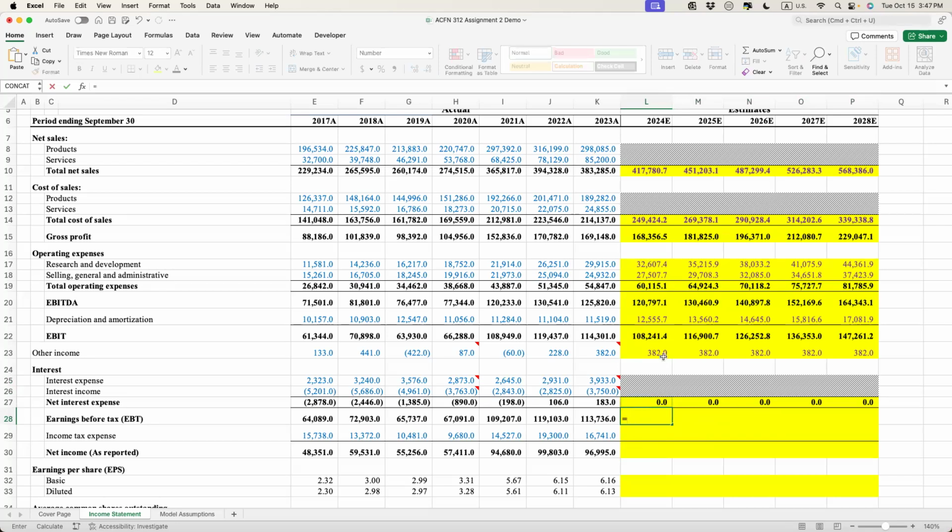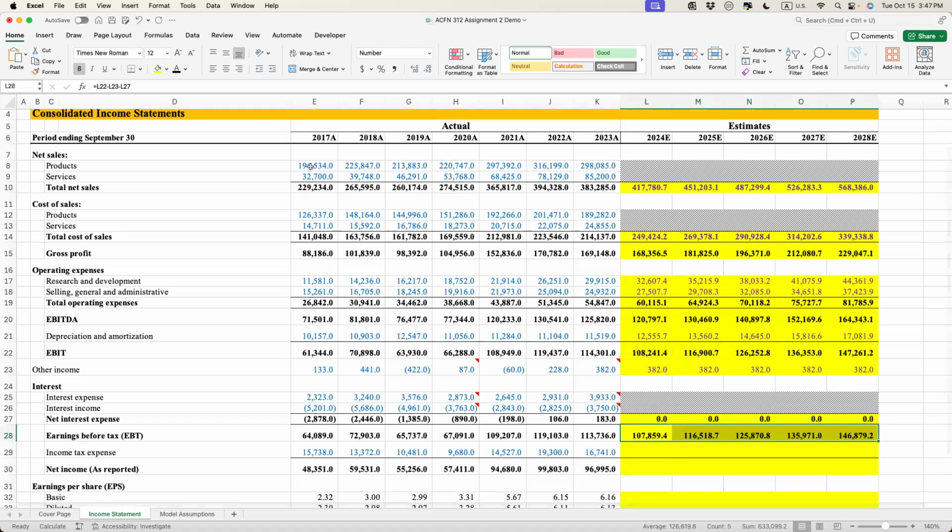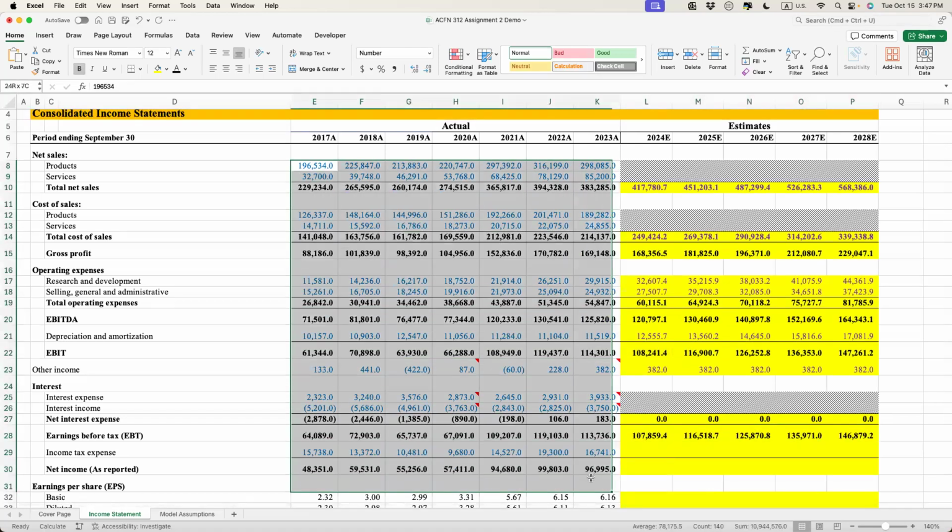So then the earning before tax is going to be EBIT. We're going to subtract this other income and then subtract this total interest. The reason we use subtractions here is because, again, of the format of my historical financial statements.